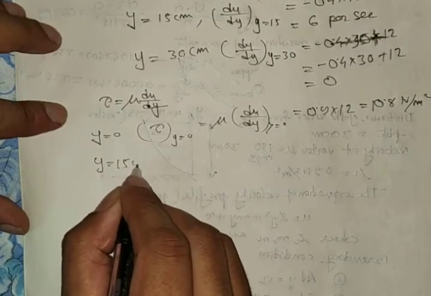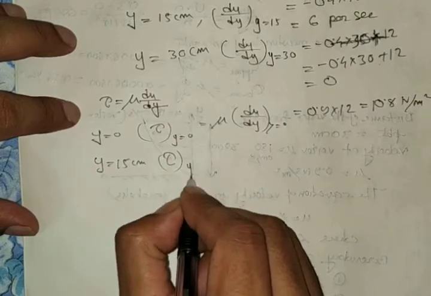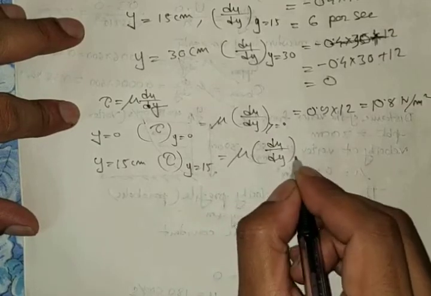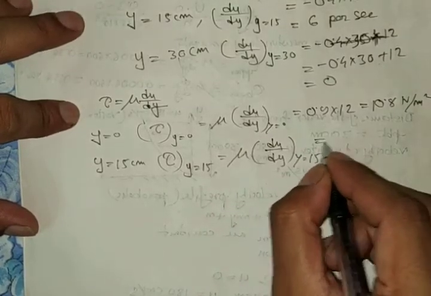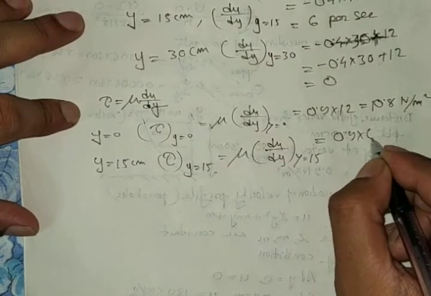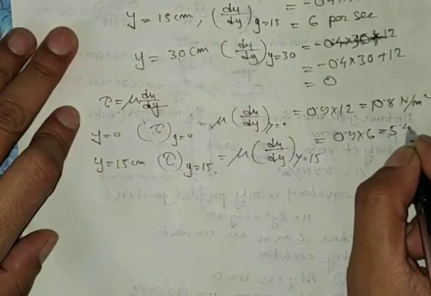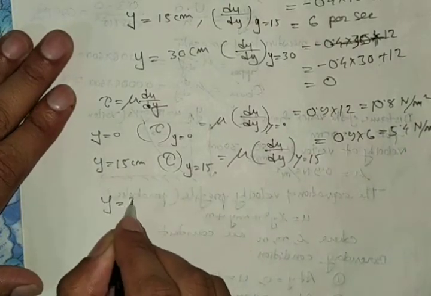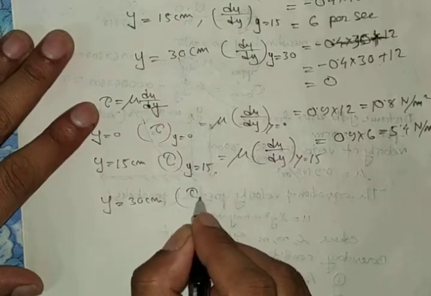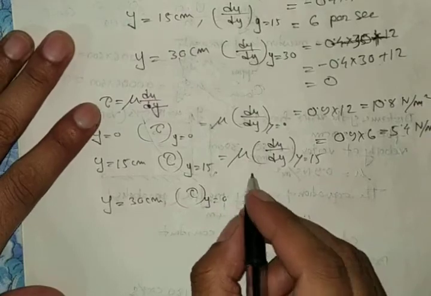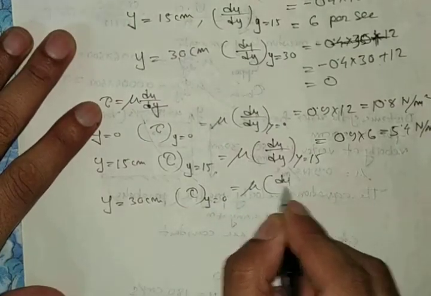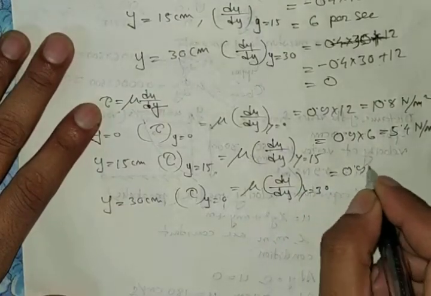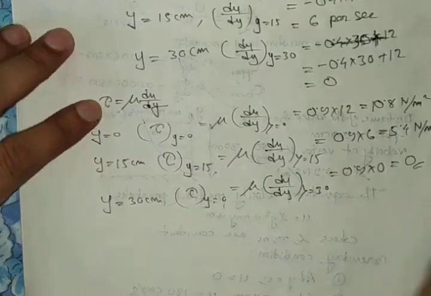At y is equal to 15 cm, tau is equal to mu del u by del y at y is equal to 15, so 0.9 into 6, 5.4 Newton per meter square. And at y is equal to 30 cm, tau is equal to mu del u by del y at y is equal to 30, so this is 0.9 into 0 is equal to 0.